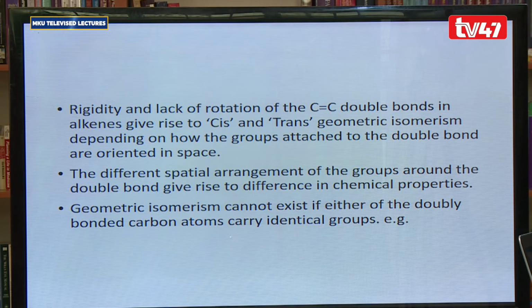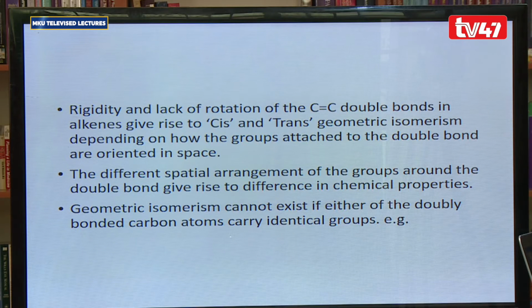So long as you understand the nomenclature of alkanes, then it becomes easy to understand the nomenclature of alkenes. Now the next point: we have already stated that the double bond has one sigma bond and one pi bond. And the pi bond has a fixed dimension, meaning that it is rigid, it cannot move.